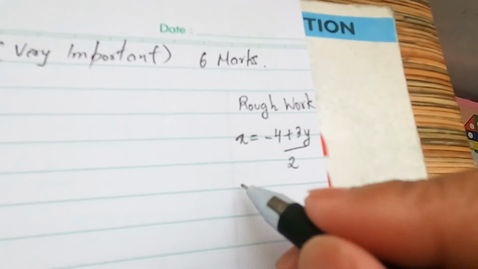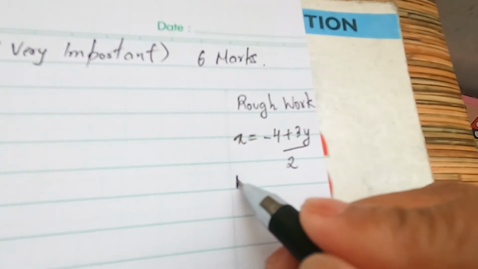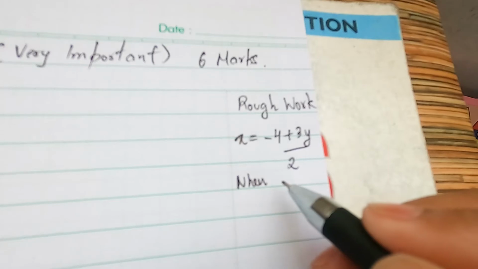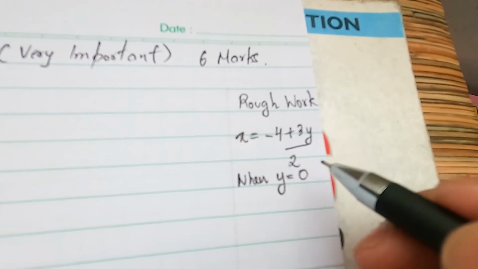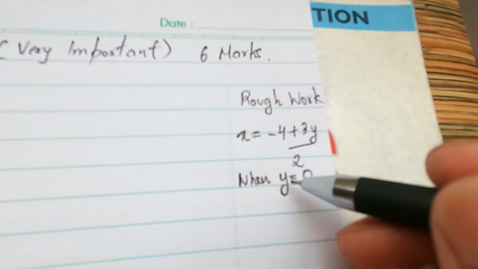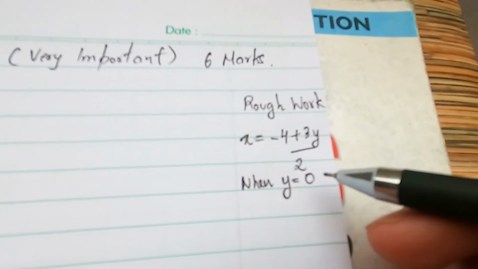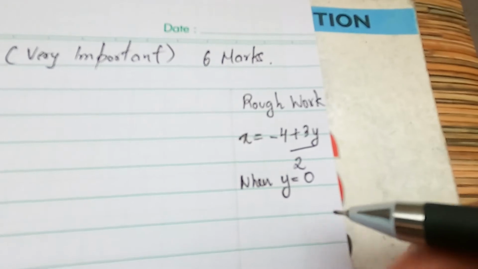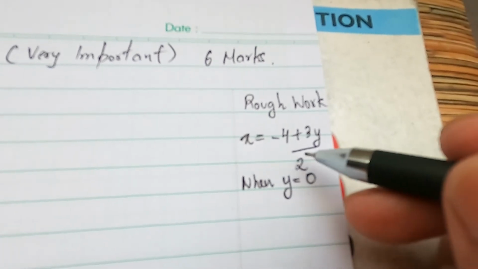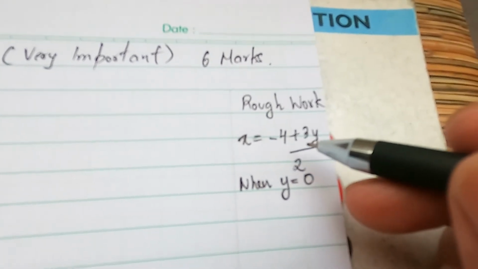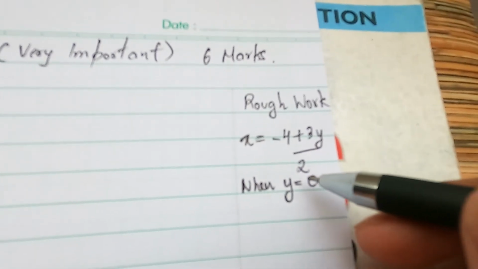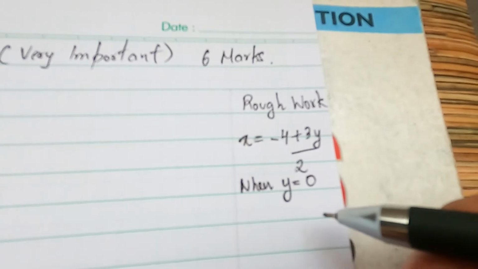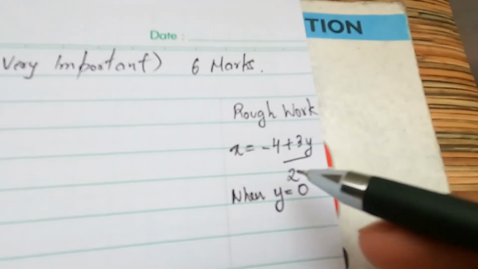Here we will write the value of y. So let us take y to be 0. For y you can take any value, 0, 1, 2, 3, or 0, minus 1, minus 2, minus 3. We will start first with 0, then 1, 2, 3, and so on.